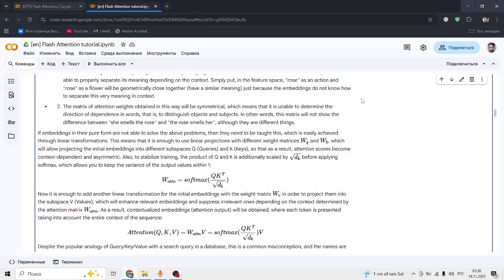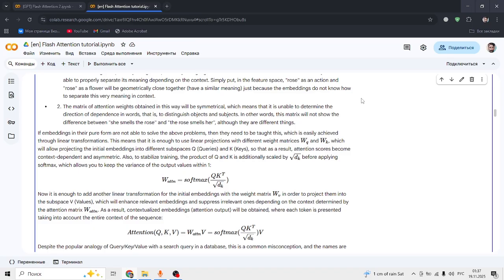It is enough to use linear projections with different weight matrices WQ and WK, which will allow us to project the initial embeddings into different subspaces Q and K. As a result, attention scores become context-dependent and asymmetric.